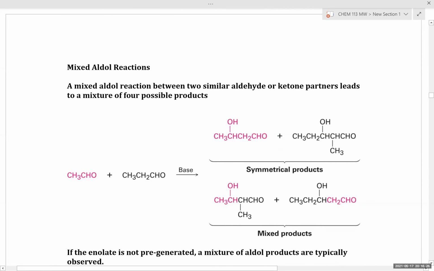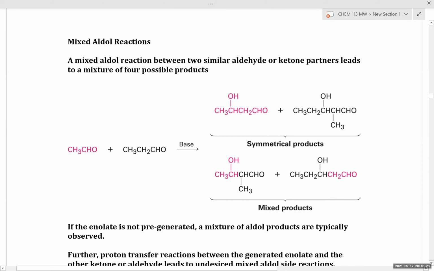So from here, we're going to talk a little bit about mixed aldol reactions. A mixed aldol reaction between two similar aldehyde or ketone partners tends to lead to a mixture of 4 possible products. So it's not the most synthetically useful reaction without careful control of the reaction conditions.